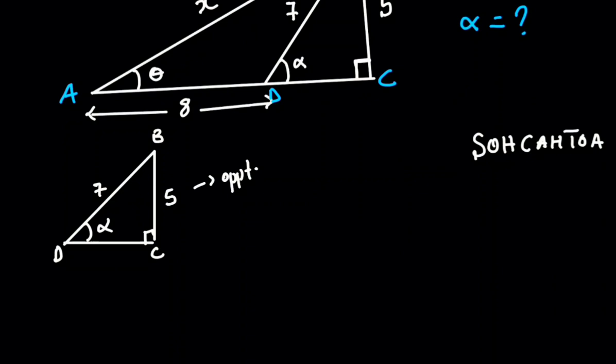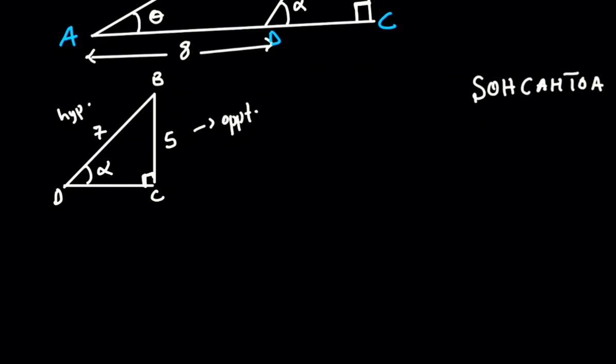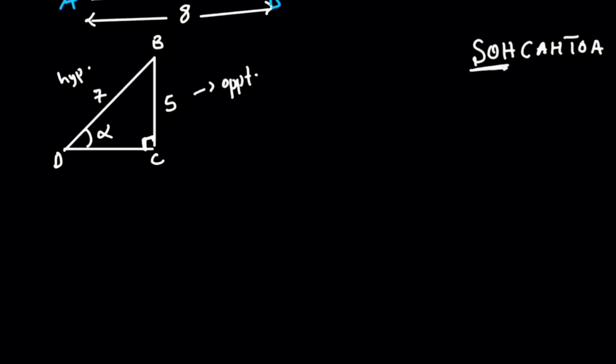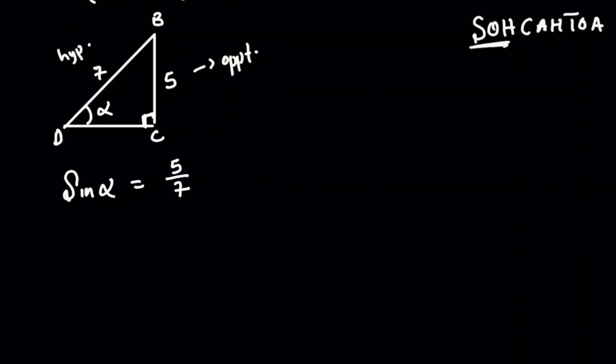Then the side facing 90 degrees, that is the right angle, is 7, and this is the hypotenuse. All right. So since we have hypotenuse and opposite, we are moving with sine. So we are going to have sine alpha is equal to 5/7.